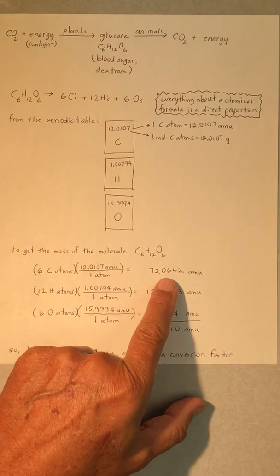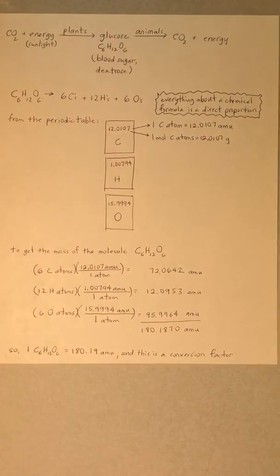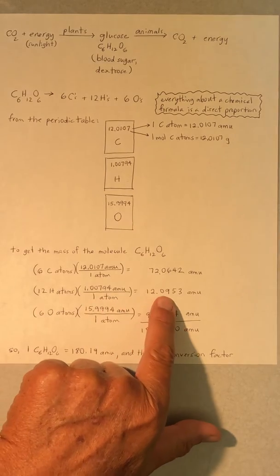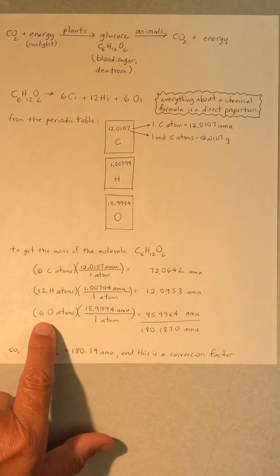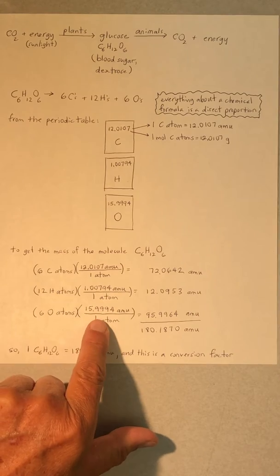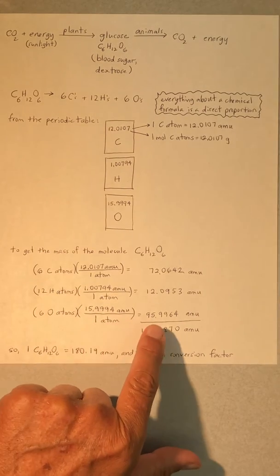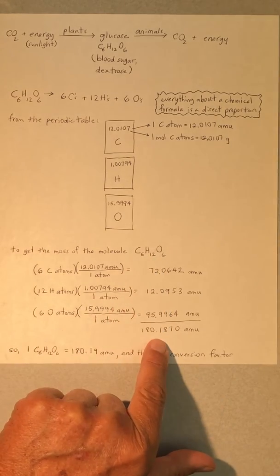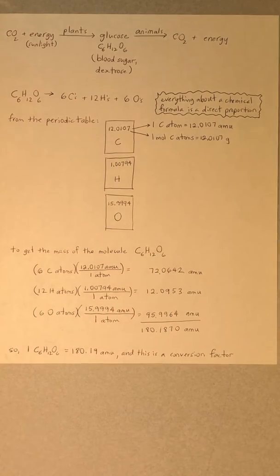It gives us 72 something AMU. 12 hydrogen atoms, that's so many AMU per atom, gives us about 12 AMU. 6 oxygen atoms, that's about 16 AMU per atom, gives us about this many AMU. So now I add them all up. I'm not really caring about significant figures right now.